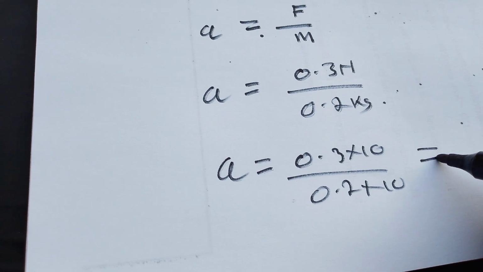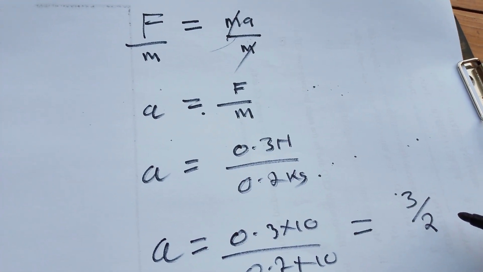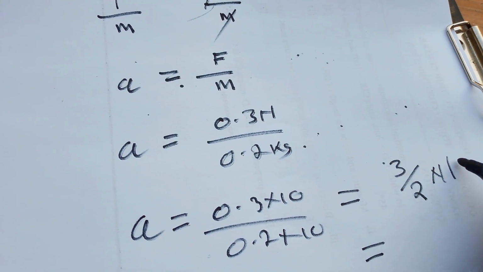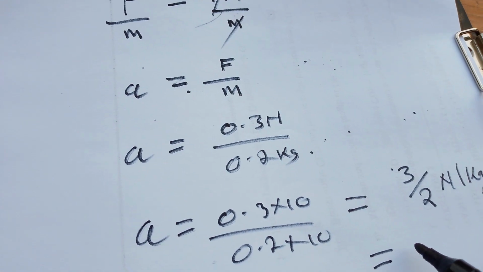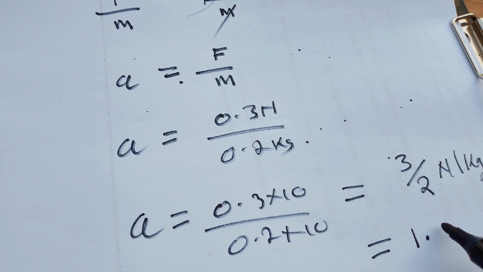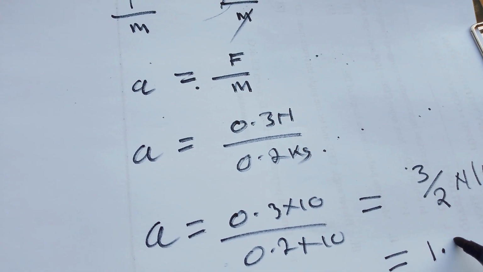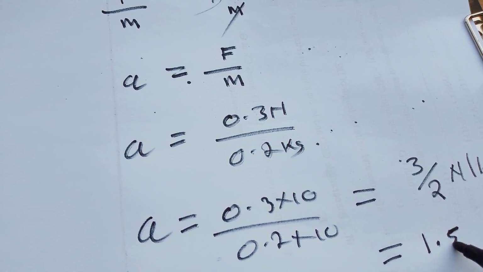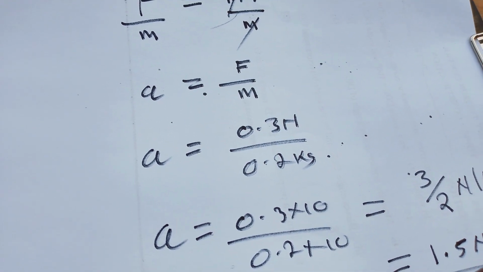This gives us 3 over 2, in meters per second squared. So in this case it is 1.5 Newton per kg. So that will be the acceleration there.